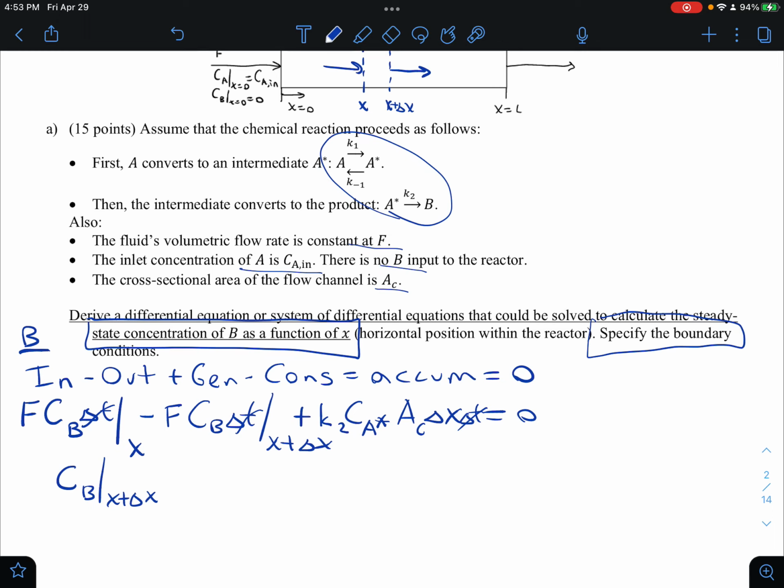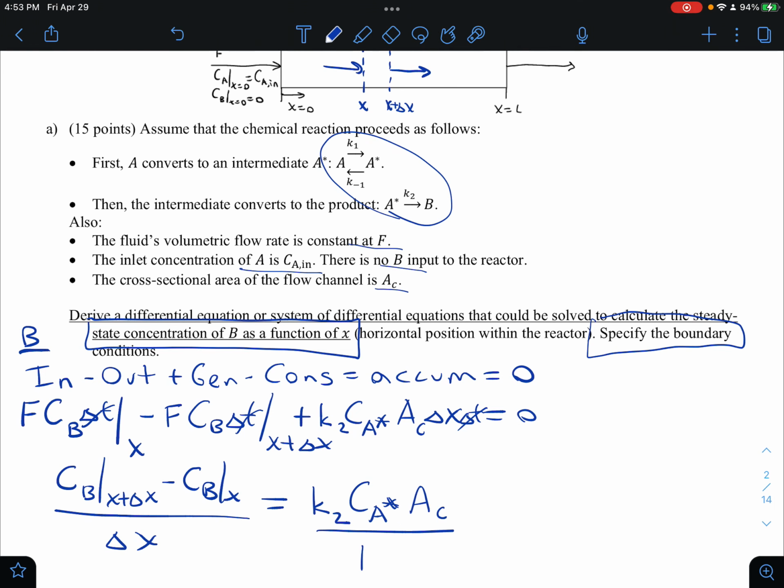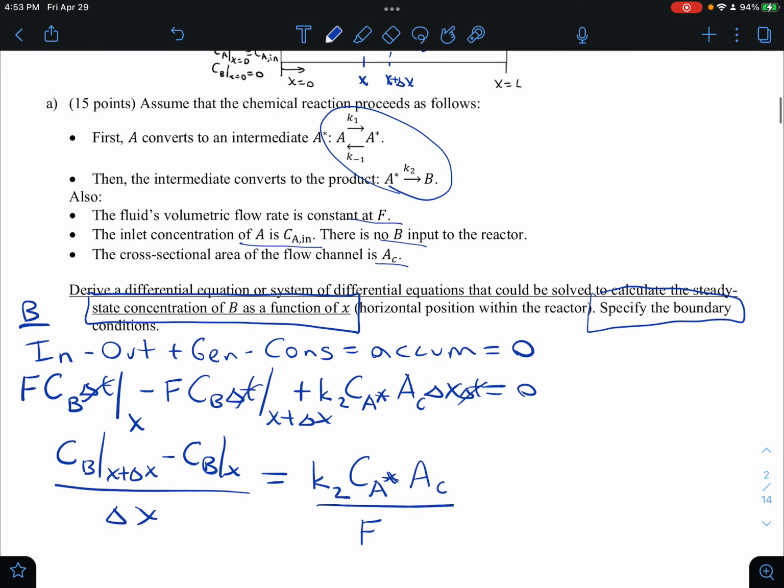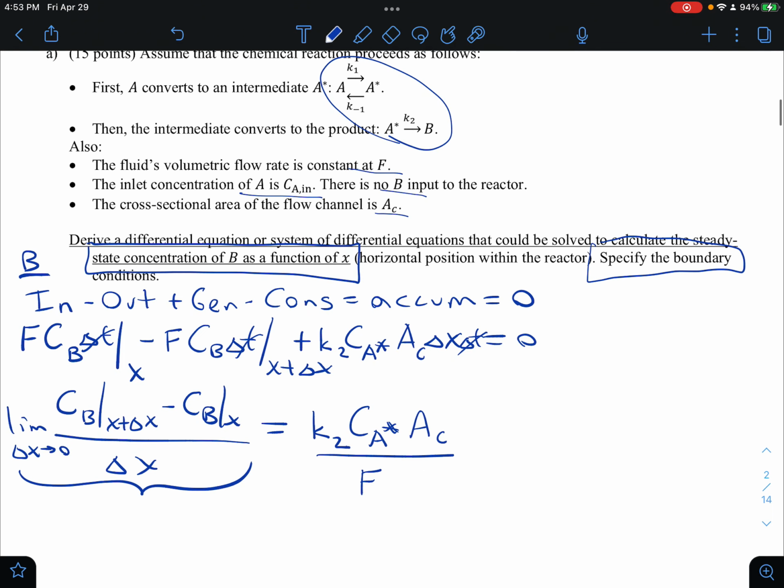So if I say CB at X plus delta X minus CB at X, divided by delta X, that's going to equal k2 CA star times Ac divided by F. If I take the limit as delta X goes to 0, this is going to become dCB/dx.